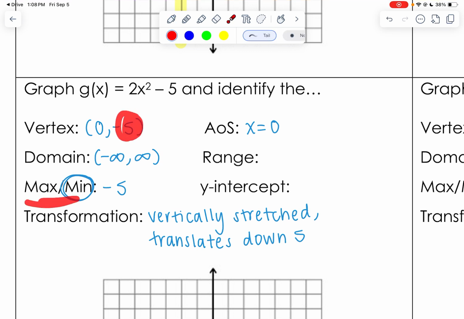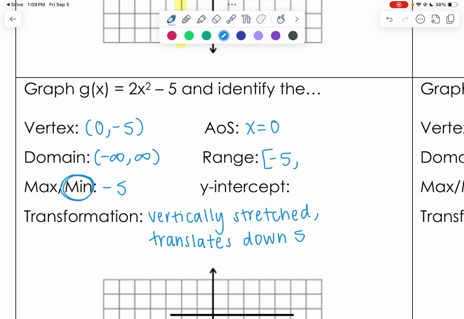So the max or min is the y coordinate of the vertex. Your axis of symmetry is the x coordinate of the vertex, but it's a line, so x equals, okay? Which means that my range is going to start at negative 5 because it was a minimum, and it's going up to infinity. And I already found my y-intercept. It was 0, -5, so 0, -5.